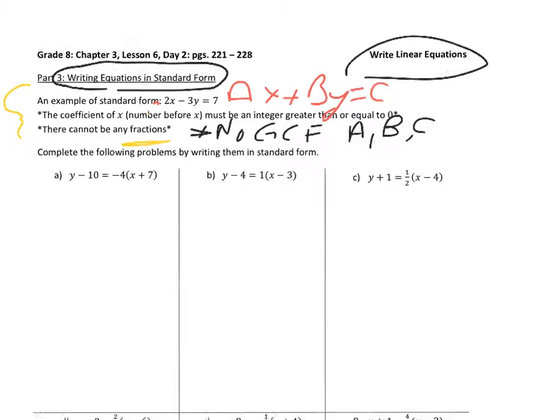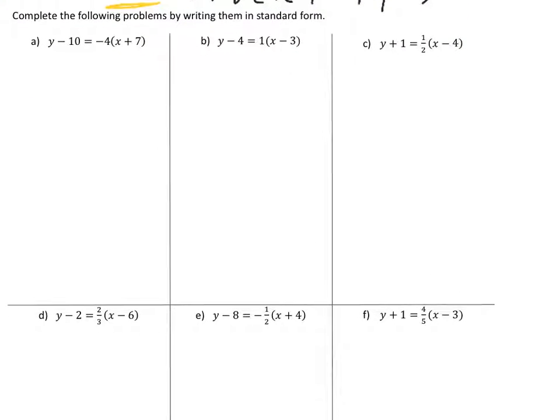So for us to do a couple of these, we need to first say, no matter what we have, we need our Ax and our By to be on the same side, and everything else, the constant, to be on the right side.